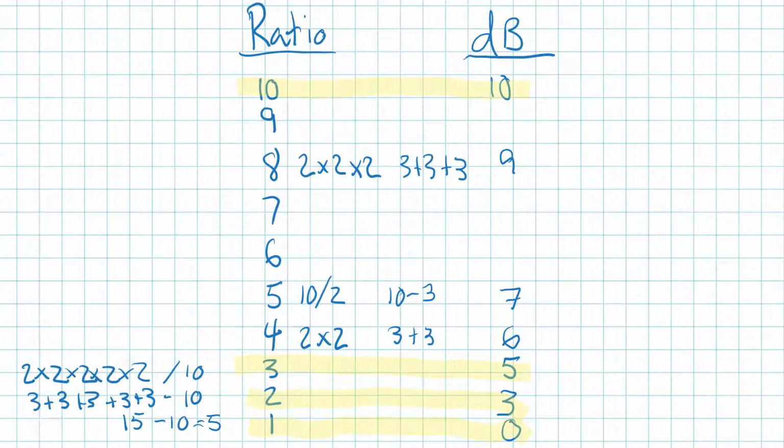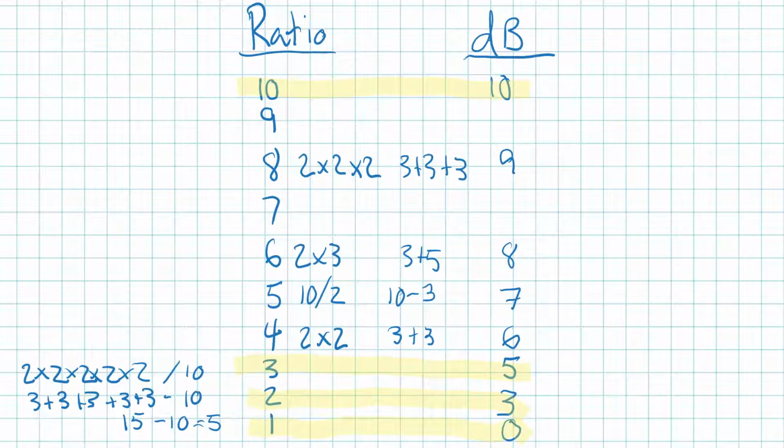But now that we have 3 in the picture, we can say 2 times 3 is 6. And so that becomes 3 plus 5, or 8 dB for the value of 6. Now from here, you could just say, what's 9 as a ratio in dB?